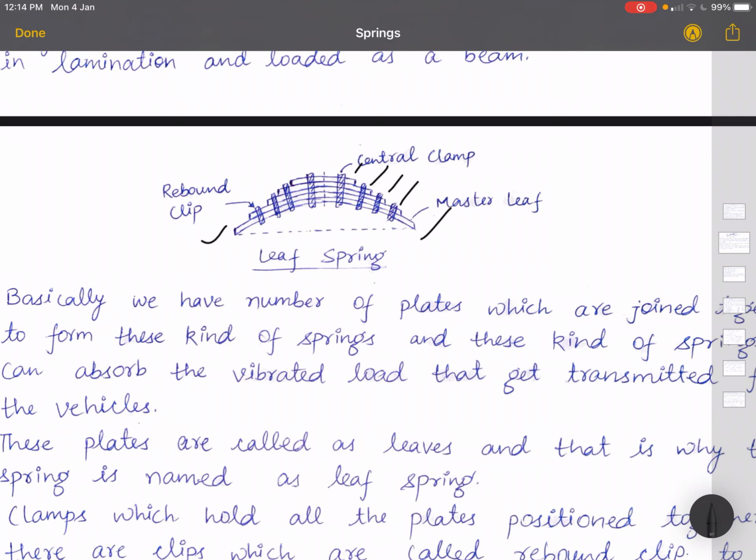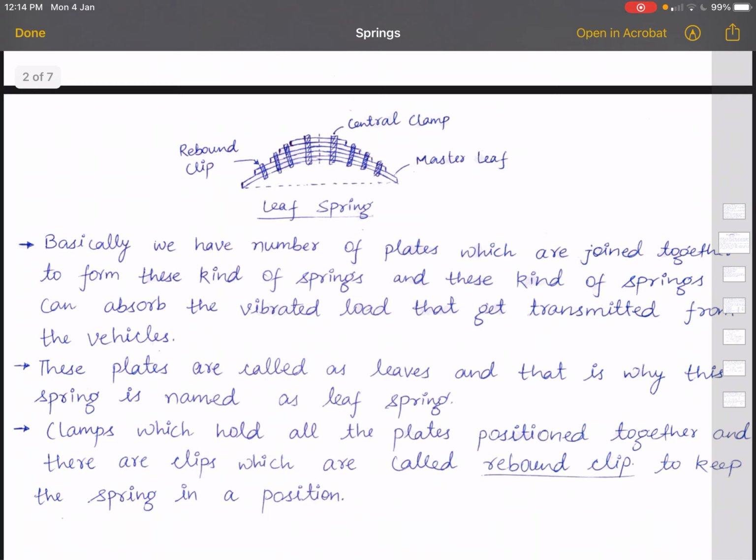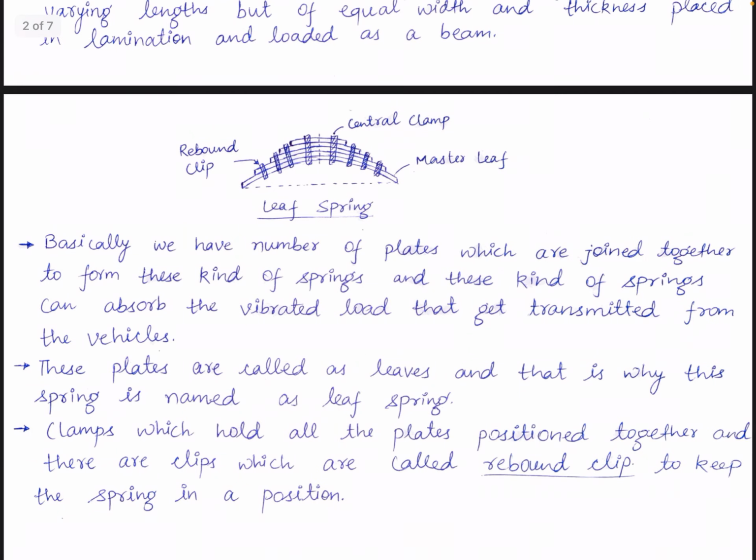This type of spring, I am sure you have definitely seen in trucks or buses. Basically we have a number of plates joined together to form this kind of spring, and it can absorb the vibrated load transmitted from the vehicle. These plates are called leaves, and that is why this spring is named leaf spring.